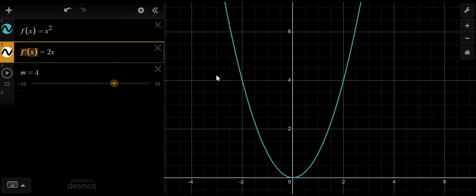After all our algebraic manipulations were done, we found that for the function f of x equals x squared, this is a new function that gives the slope of the tangent line at any point. That function is just 2 times the x coordinate of the point.